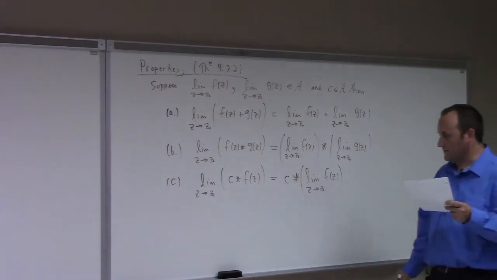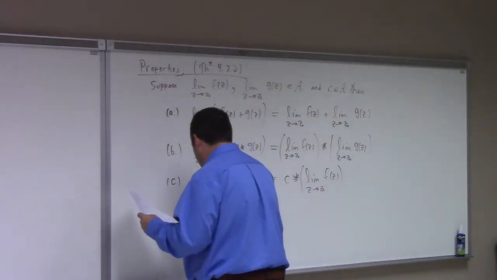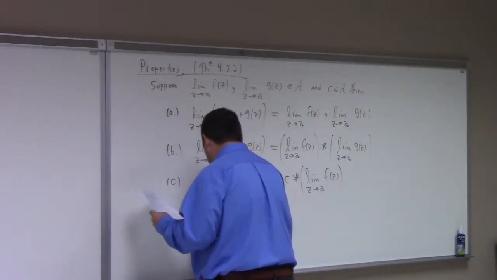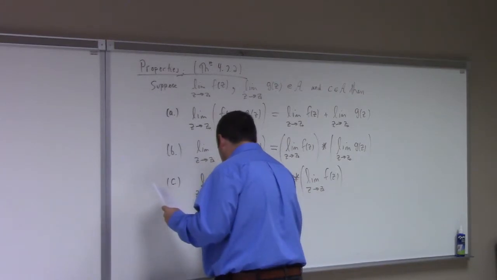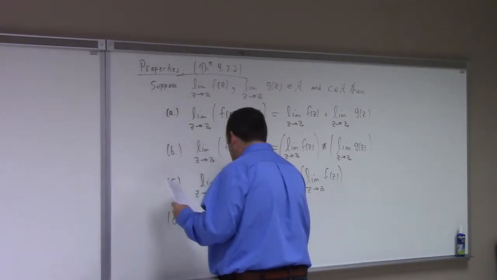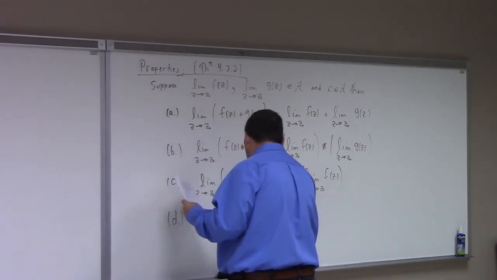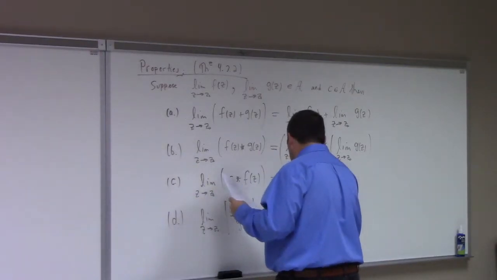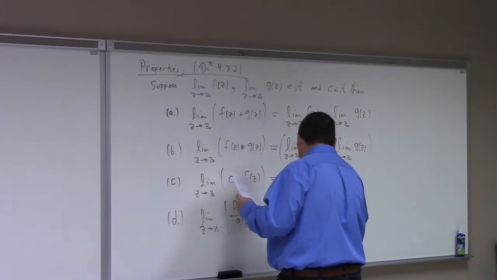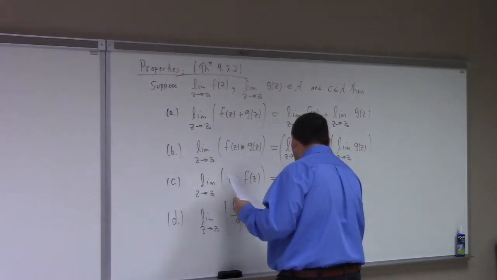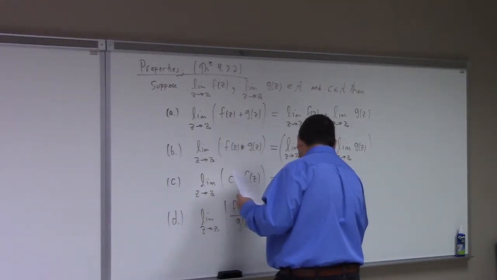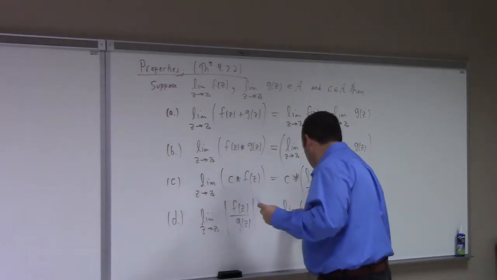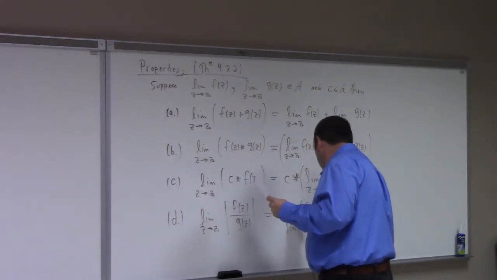And then D, the limit as z goes to z naught of f(z) over g(z) equals the limit of f(z) over the limit of g(z), as z goes to z naught.